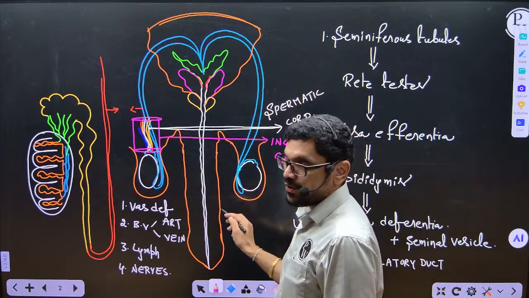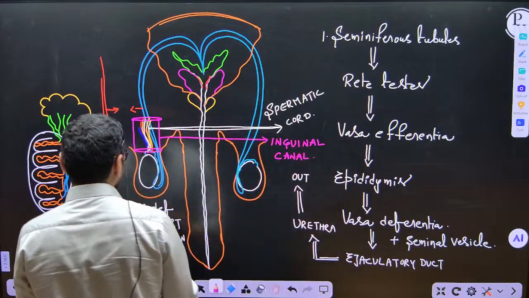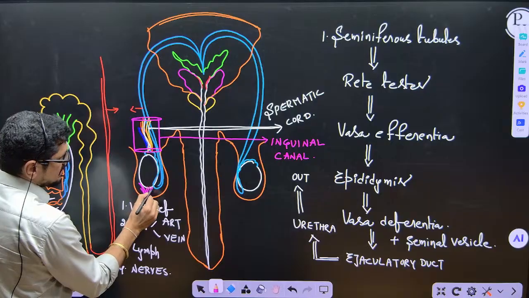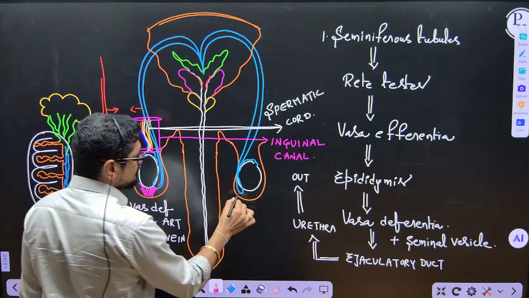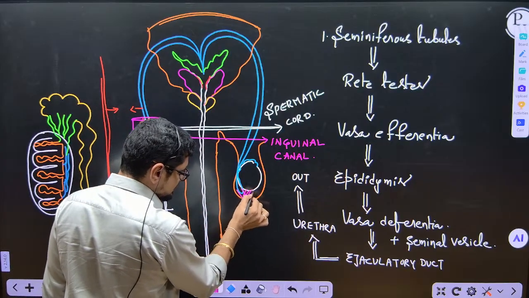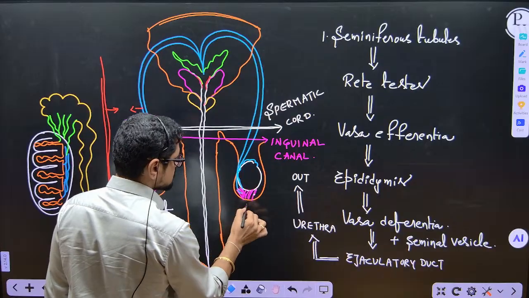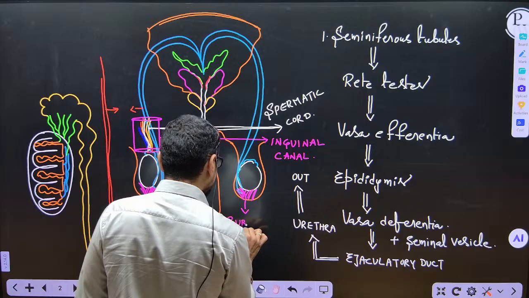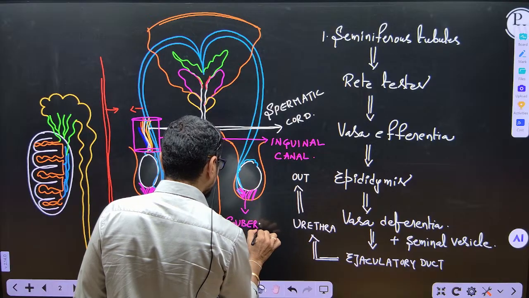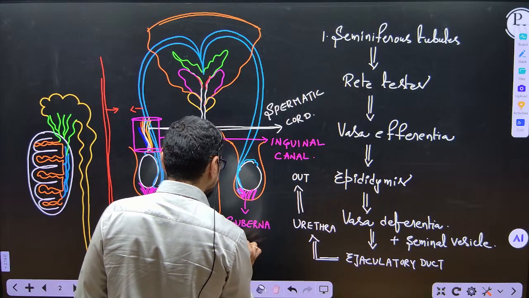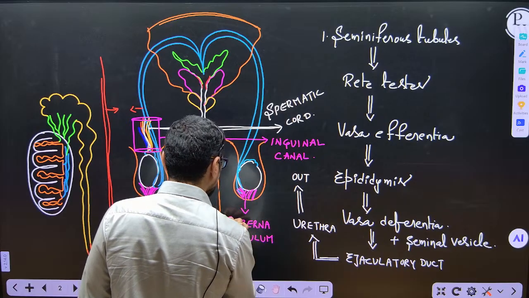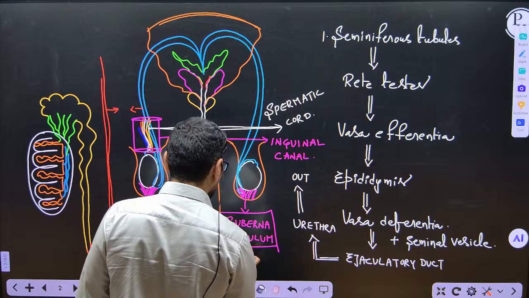testis. Okay, and here, if you observe the bottom side, there is a tissue present which helps in holding the testis from the bottom. This tissue is called gubernaculum.